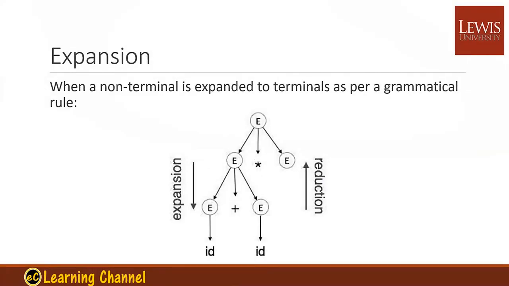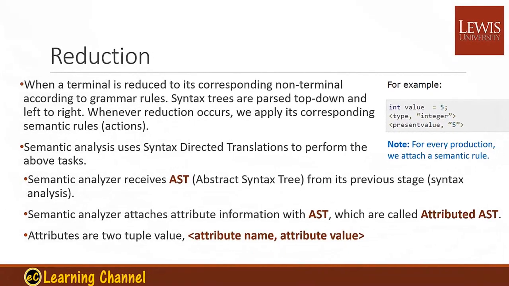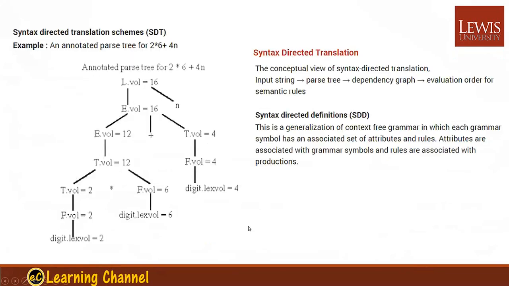So expansion, you do reduction, okay, this we know, it's not hard. Reduction, actually, we do summaries, right? So when the terminal is reduced, the corresponding non-terminal according to the grammar rule. The syntax tree is passed top down and left to right. So our tree becomes an attributed tree. This is easy.